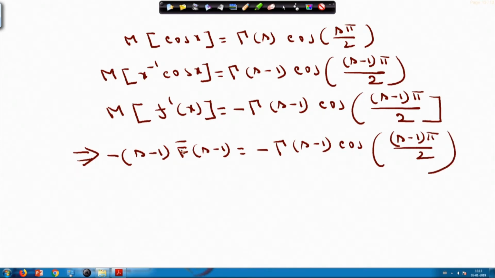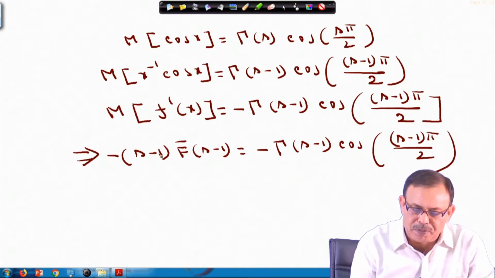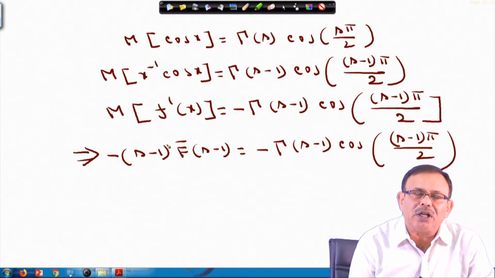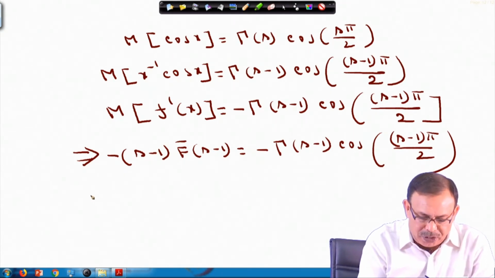I am not explaining the left hand side, because in the last example I have already explained that, using the derivative property, the Mellin transform of f dash x equals minus s minus 1 into f bar s minus 1.